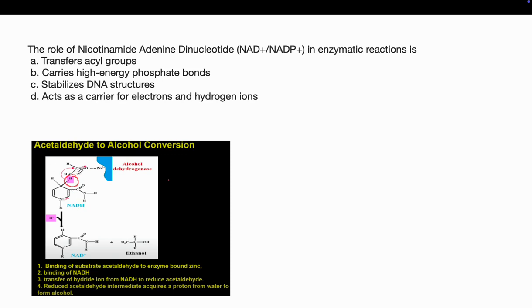This hydrogen here is attacking this carbon atom, the C double bond O. The hydrogen from the nicotinamide adenine molecule is attacking at this double bond between carbon and oxygen, with the help of a Zn2+ cofactor. This enzyme is alcohol dehydrogenase.